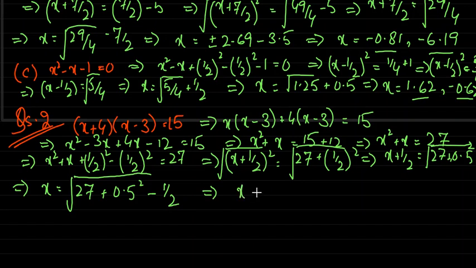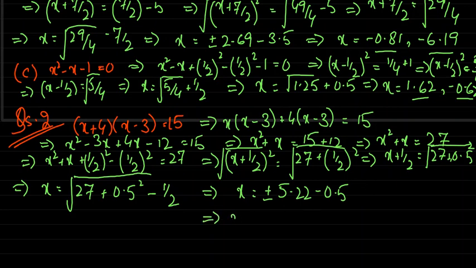Therefore, x is equal to plus minus, the whole under root of 27 plus 0.5 square, which is 5.22, minus 0.5, right?